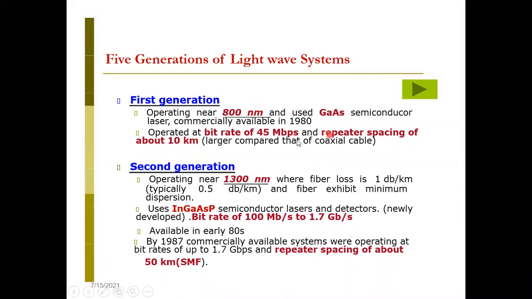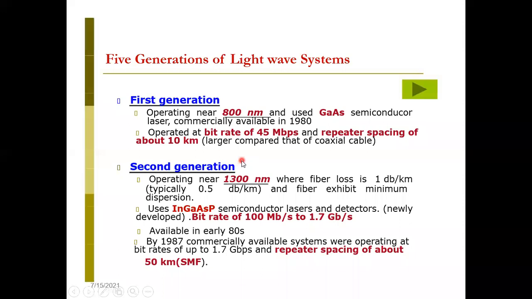Some words I have highlighted in red; those are the things you need to remember. First generation: operating in the first window, 800 nanometer, GaAs laser, bit rate 45 Mbps, repeater spacing of 10 kilometers. Then came the second generation.